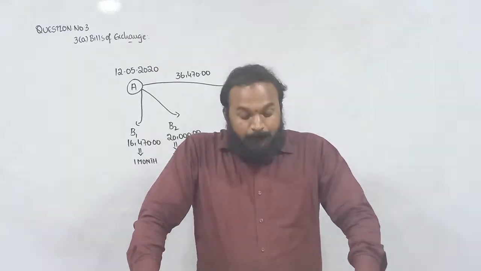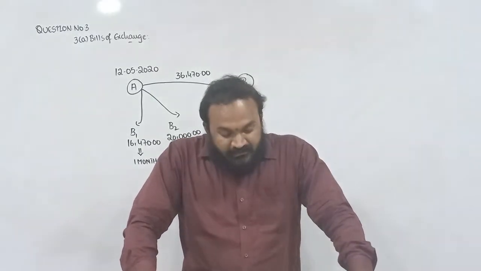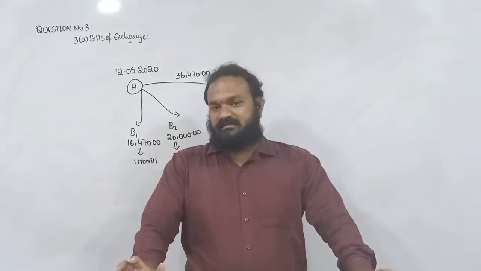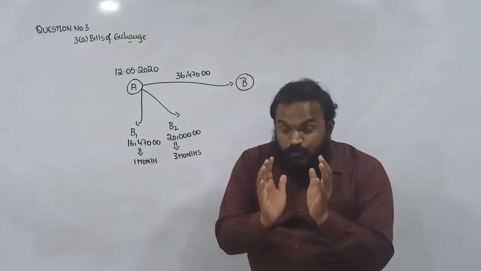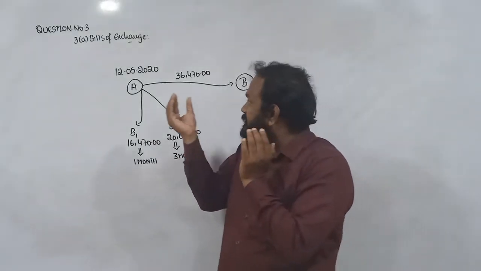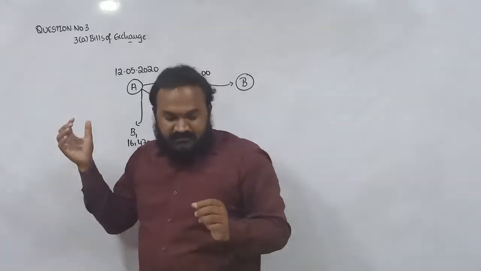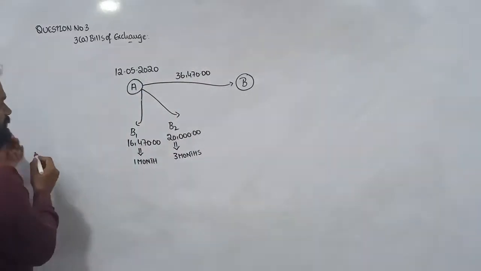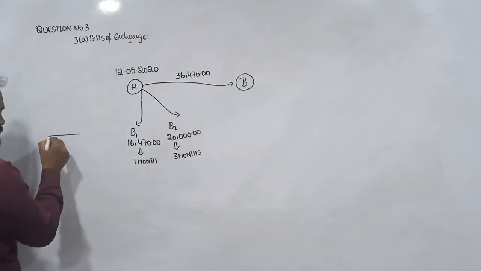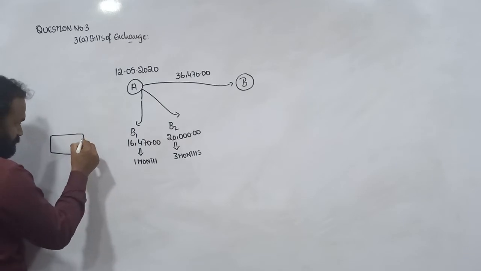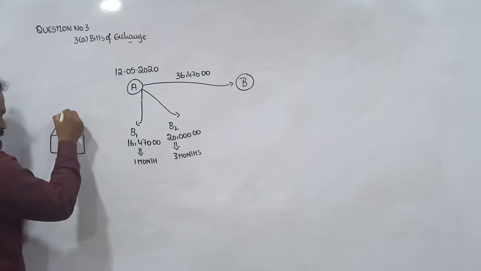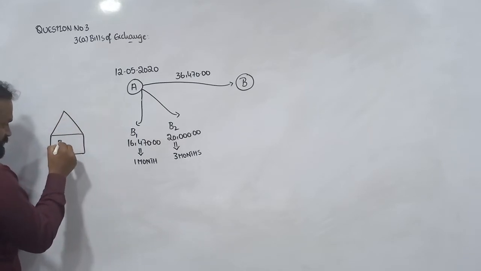And the bank had to pay 20 as noting charges. Reason being, now who is the holder of the bill? A sent both the bills to the bank for collection.